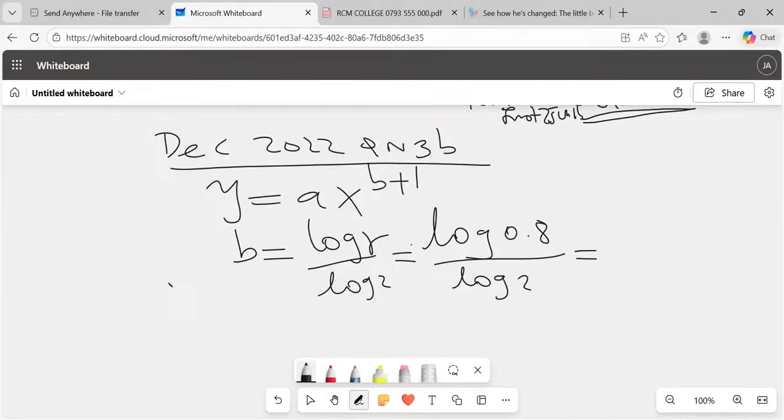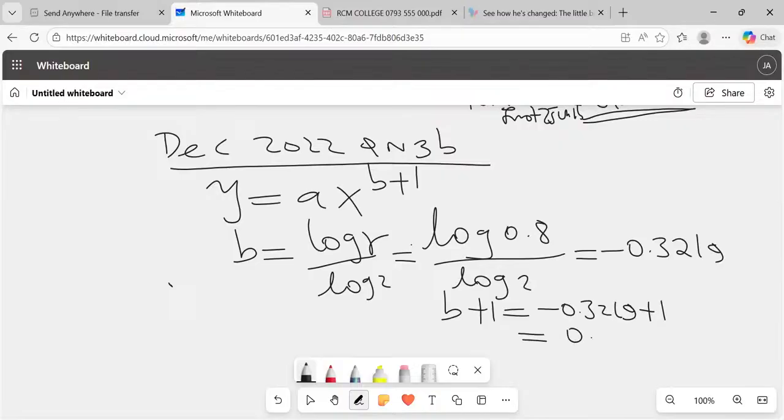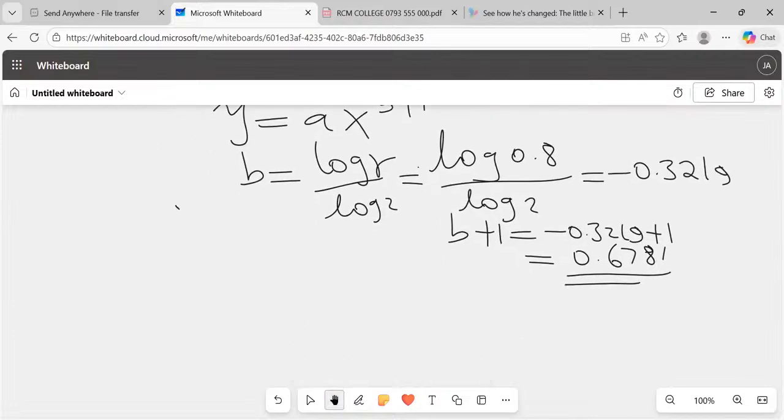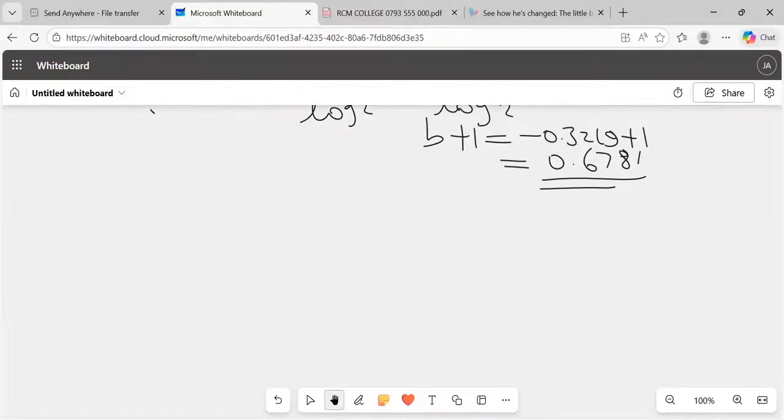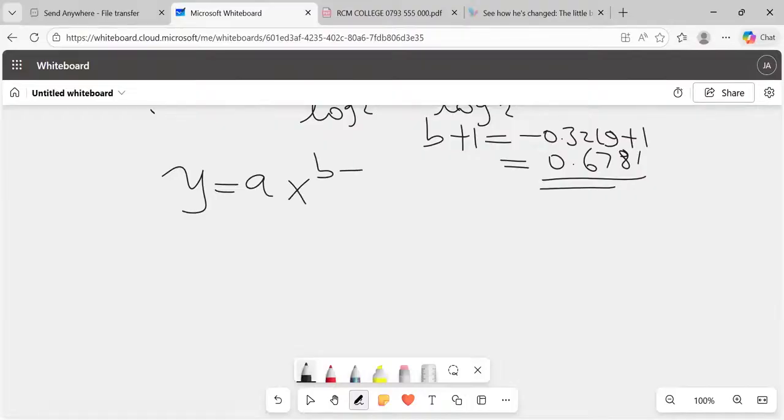Which then will end up giving us negative 0.3219. Then how about b plus 1? Plus 1. That will end up giving me 0.6781. Thank you so much. And therefore, my y will be equal to ax raised to b plus 1.